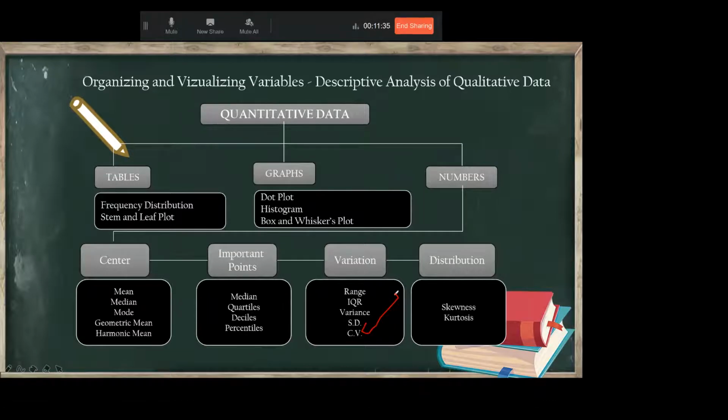I'm sure that all of you know that the coefficient of variance is to check the consistency of the data, that is, which data is more consistent. For example, we took an example of the econometric results of two courses. So I have your marks, so I can calculate the coefficient of variance.